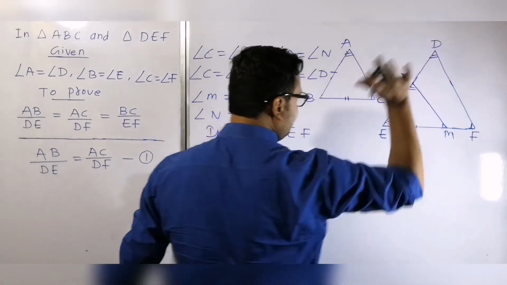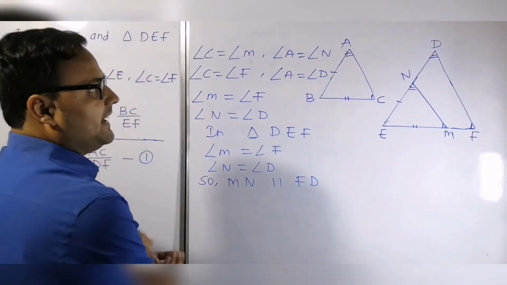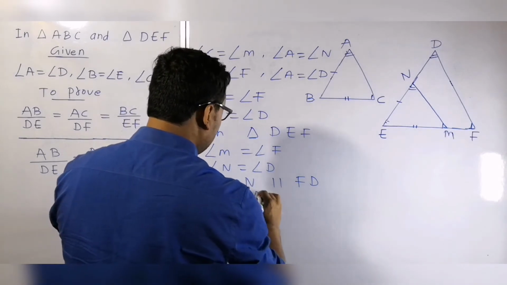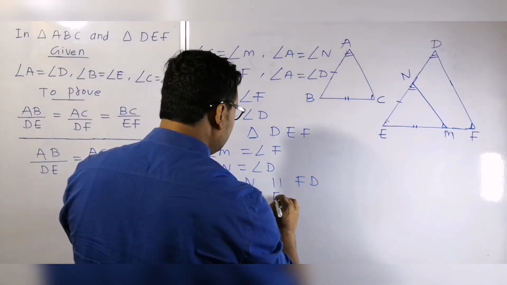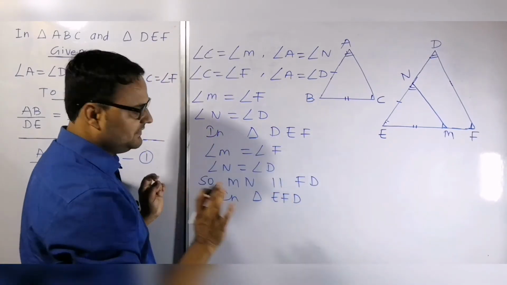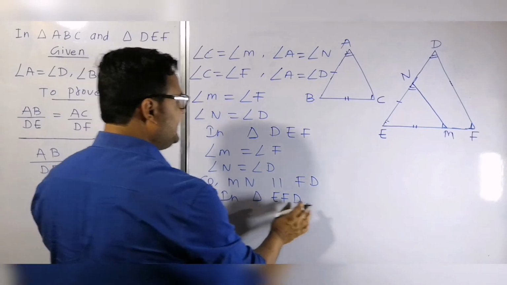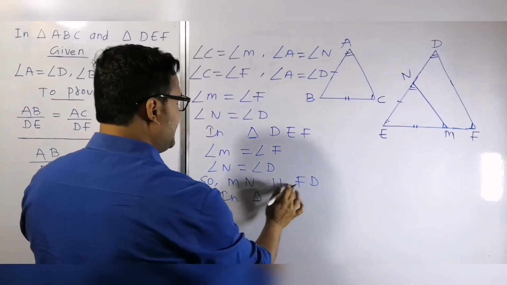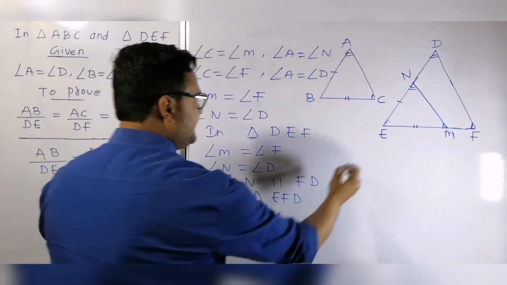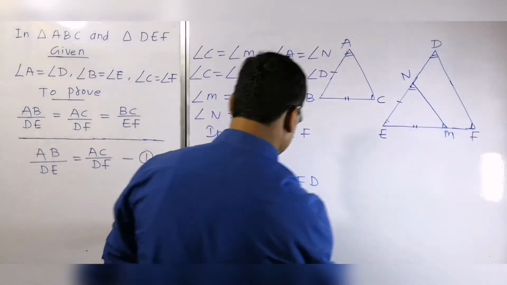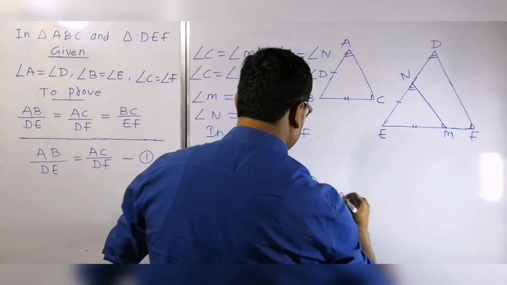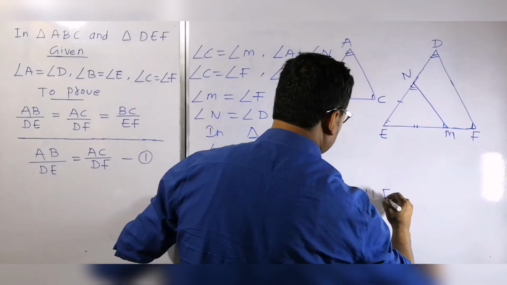Now when MN is parallel to FD, we are going to write in triangle EFD, same thing as DEF, no change. So in triangle DEF, MN parallel to FD.